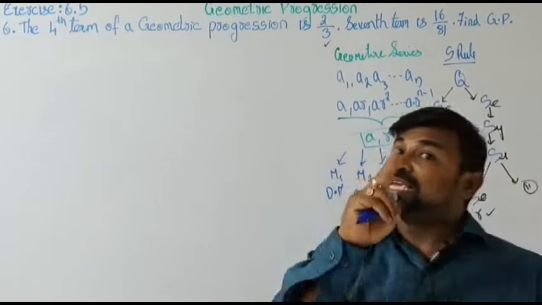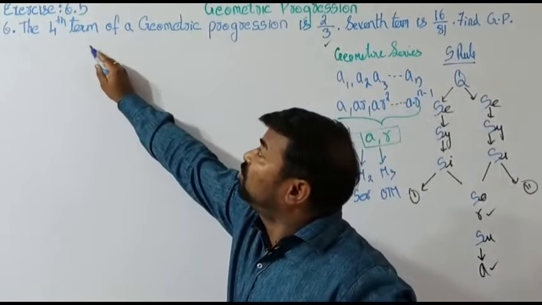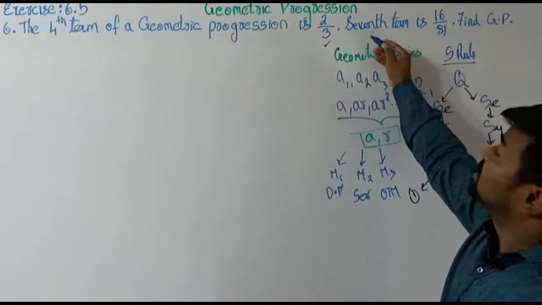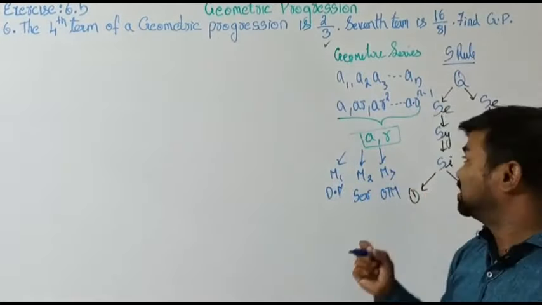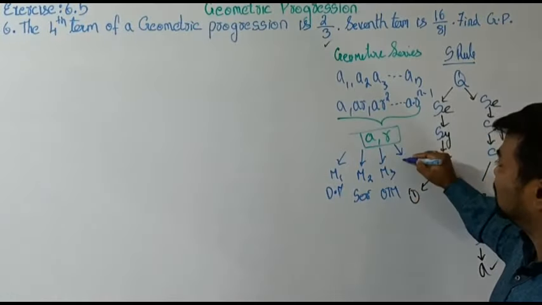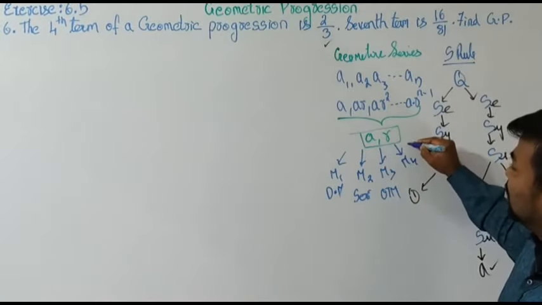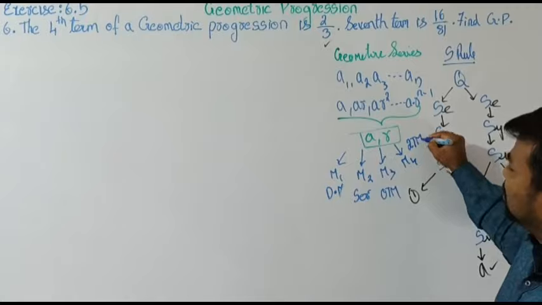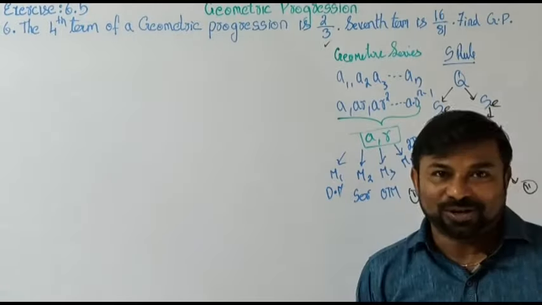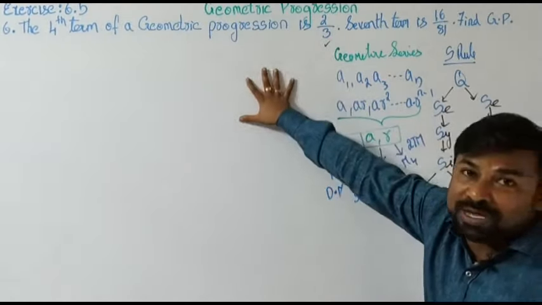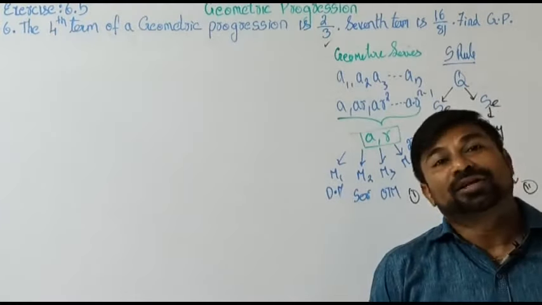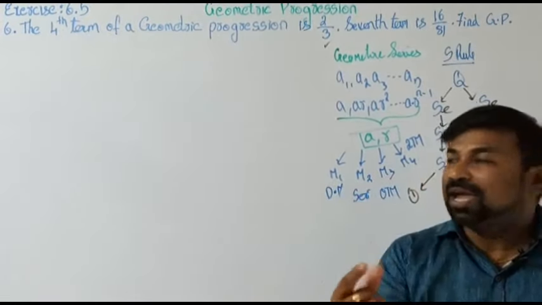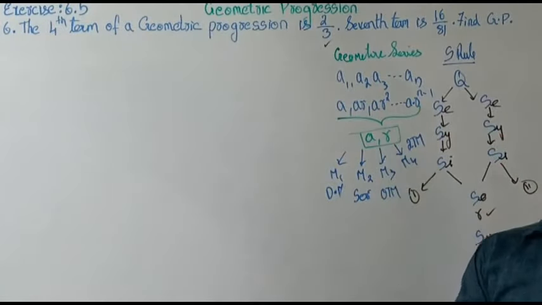In this question, he has given two terms, the fourth term and the seventh term. That is our last method, the fourth method, the two-term method. With the help of the two-term method and writing in the form of the S rule, we find A and R. After getting A and R, we will find the series being asked.